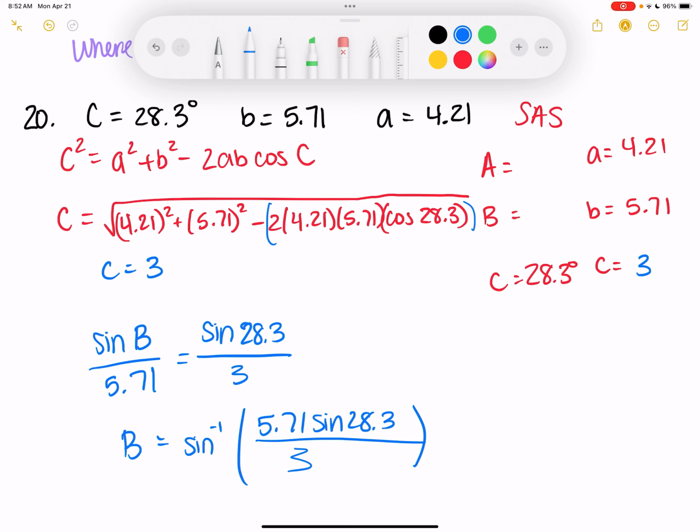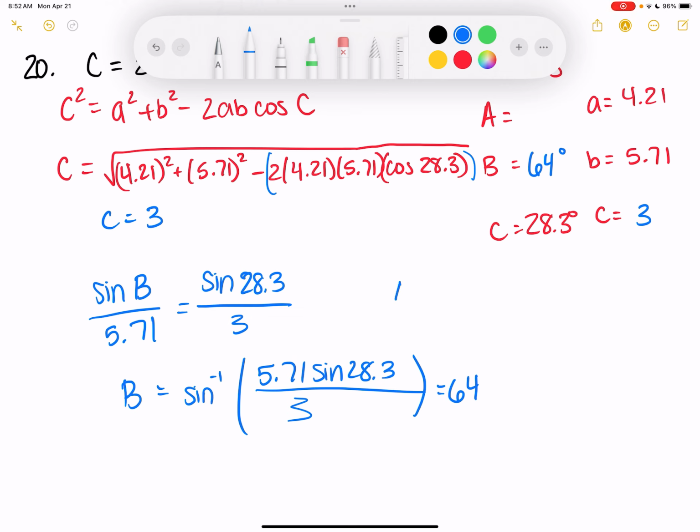And that gives me an angle of 64 degrees. And so then angle A, obviously I can just do 180 minus the other two, so 180 minus 28.3 minus 64. And so I get an angle of 87.7 degrees.